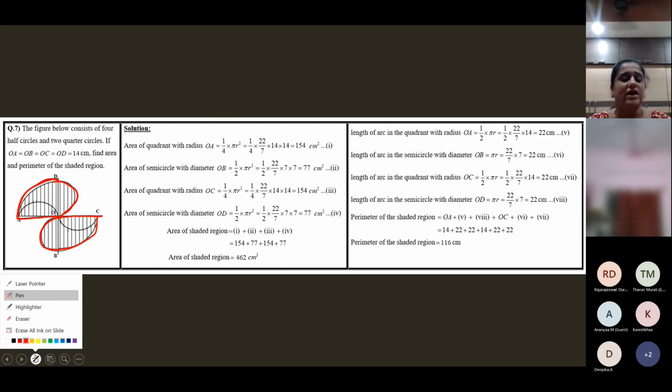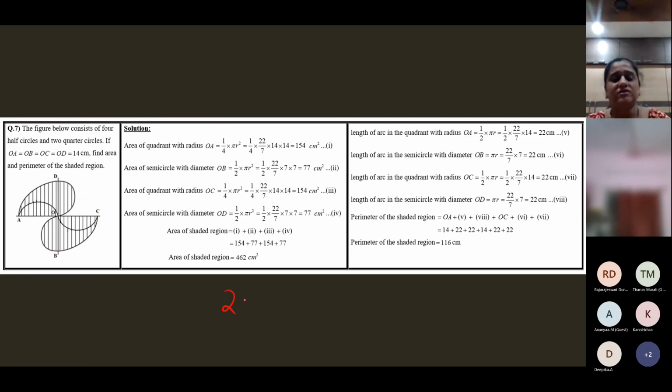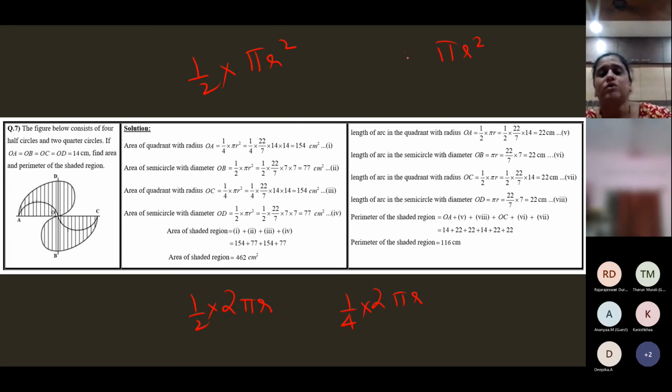If you're finding the length of the arc in a semicircle, full circle is 2 pi r. Semicircle is half of 2 pi r. Quadrant will be, the arc in the quadrant will be 1 by 4 into 2 pi r. If you're finding area, pi r square. For semicircle, it will be half into pi r square. For a quadrant, it will be 1 by 4 into pi r square.